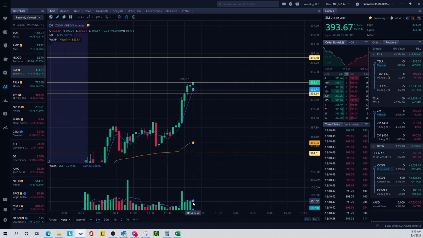I'm also looking at the volume. You can see on some of these longer candles the volume is much higher, which indicates a lot of buyers buying up the stock. On each successive candle the volume is decreasing, so you would anticipate the stock fading a little bit.